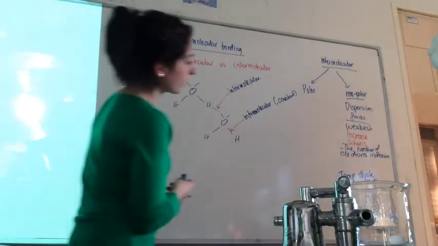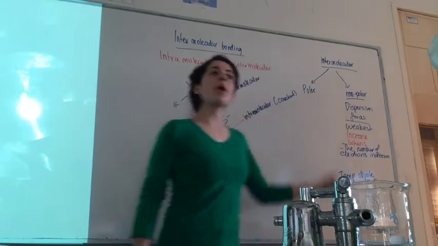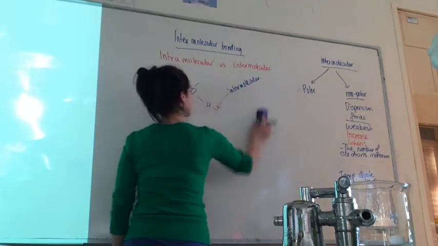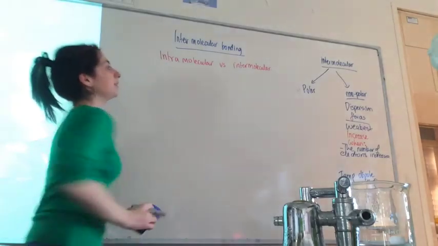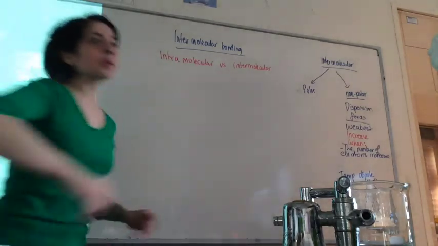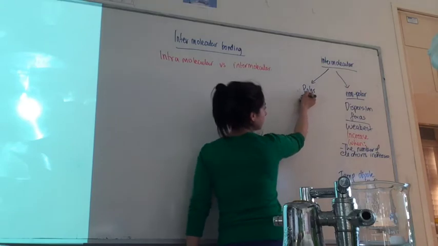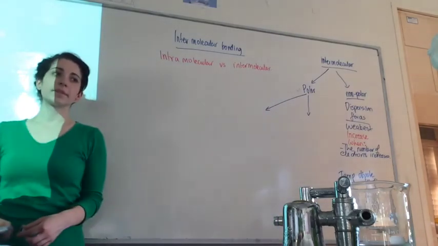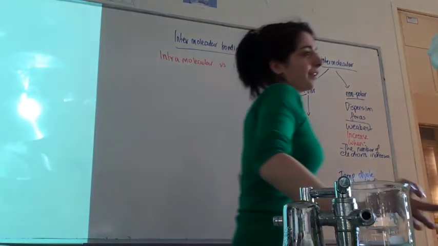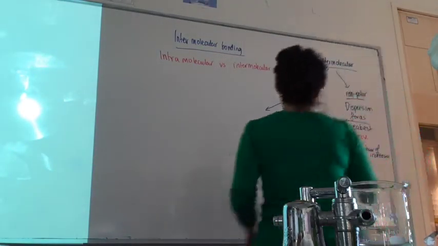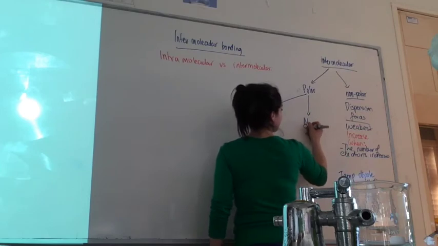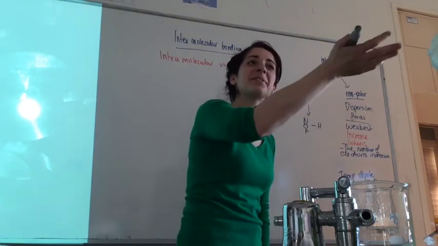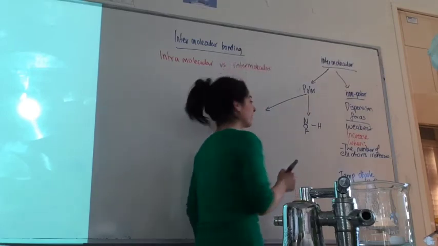Okay, so then if it's polar, there are a couple of types of bonds that it can make. So what do you ask yourself once you know it's polar? It's coming back.